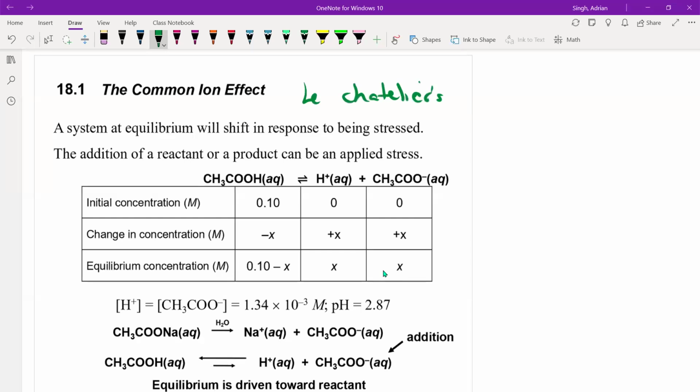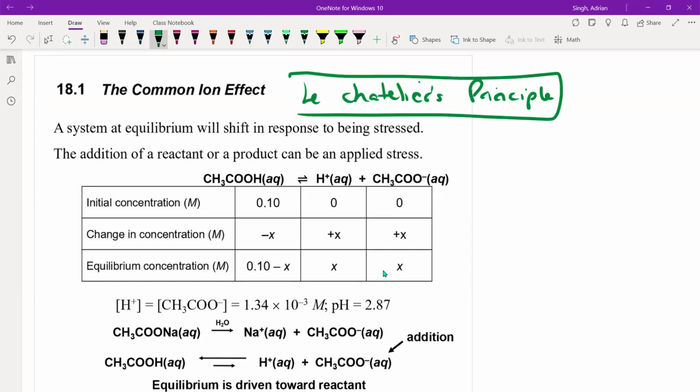And when those systems are stressed, how does the system respond to that stress? Adding a reactant or a product can be thought of as a stress to that system, as we've seen previously.